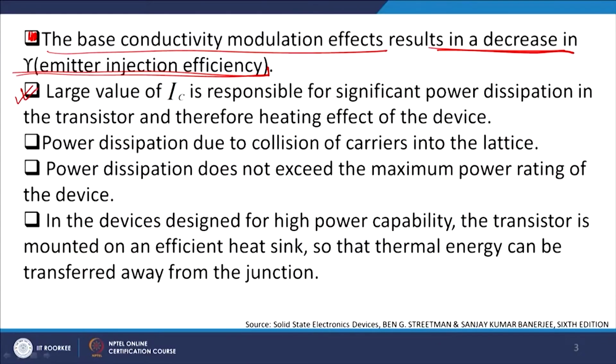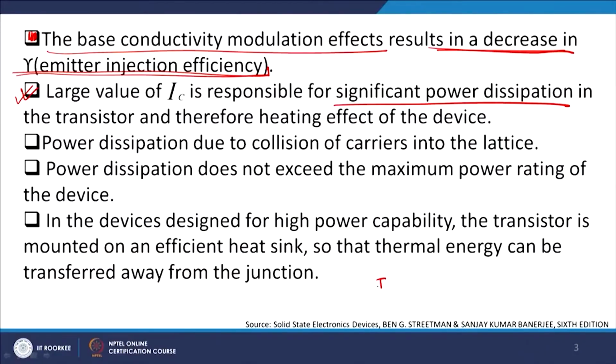Now, we are 100% sure that when you are using the common emitter configuration, for example, your collector currents are typically very high, and as a result there will be significant power dissipation in the transistor, and therefore self heating of the device itself.